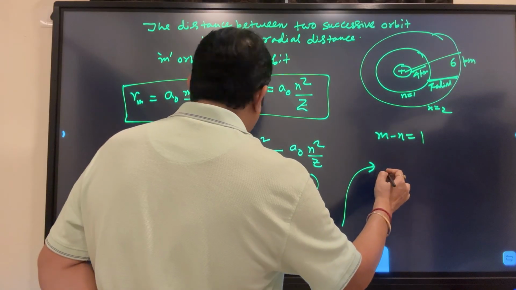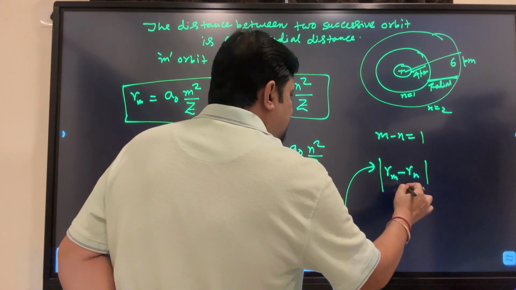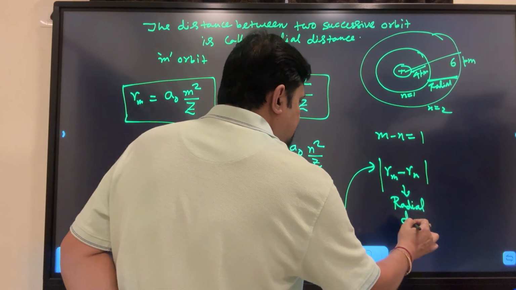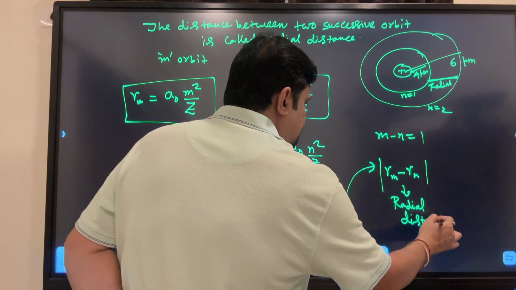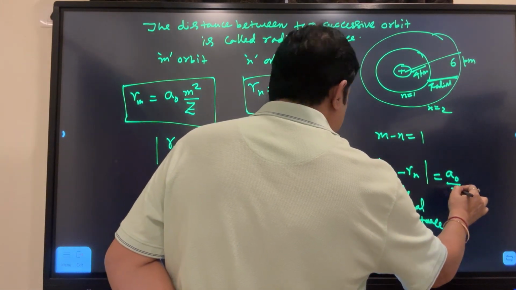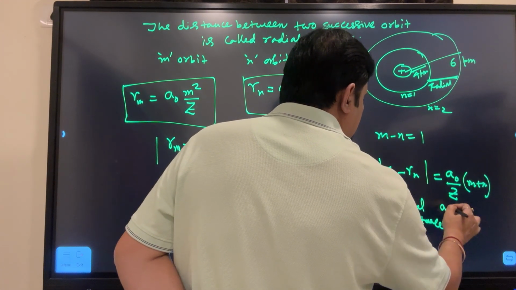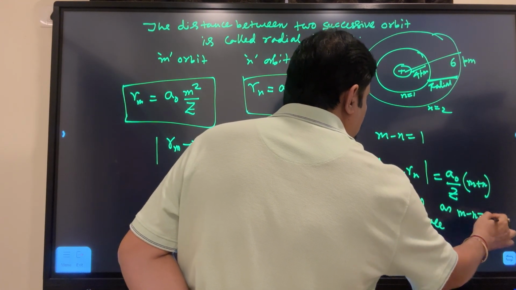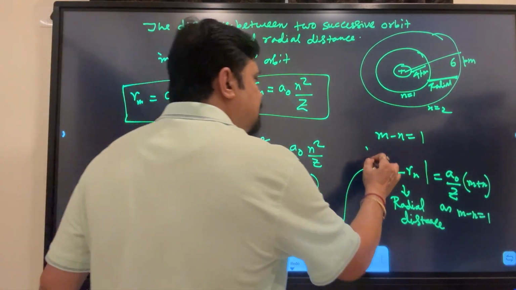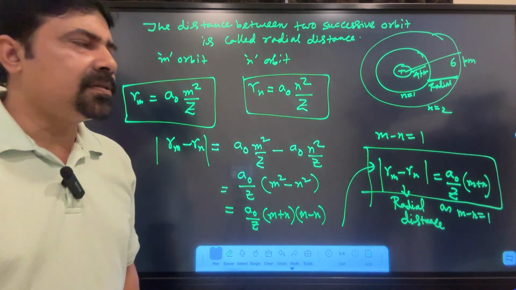From there, the radial distance Rm minus Rn expression comes out as a naught by z into m plus n, as m minus n equals 1 for two successive orbits.